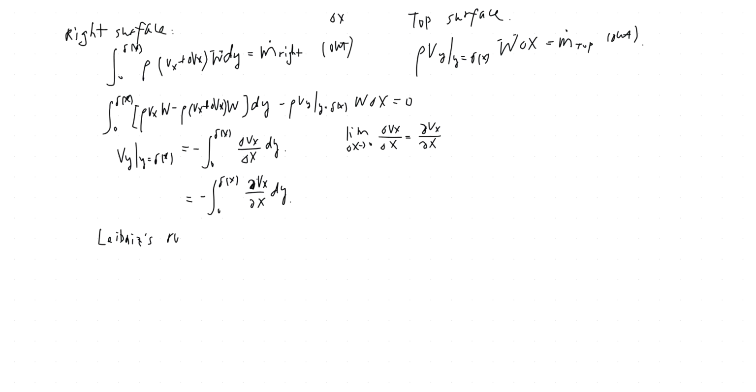It is a relation for differentiating an integral with limits that depend on the variable. So it looks like this: d/dt. Let's use t so that we have t and x being different.